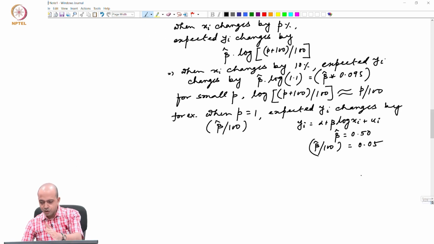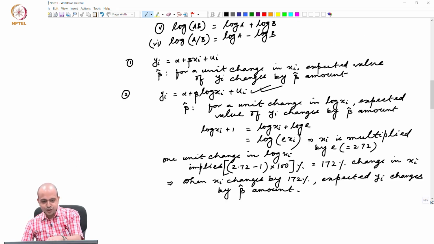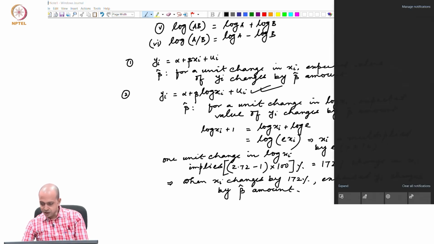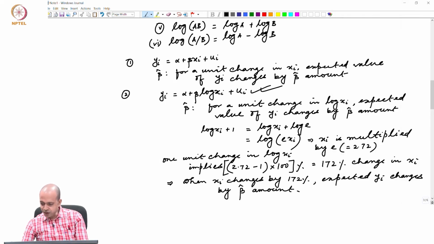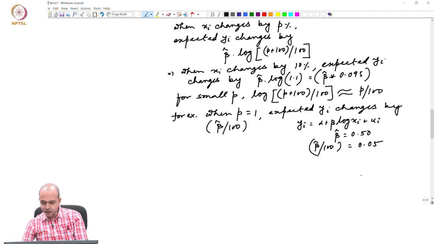When your x is log transformed and y is not, then ultimately you divide beta hat by 100 and get the interpretation. So, for a 1% change in your x, the expected value of y changes by this much unit.